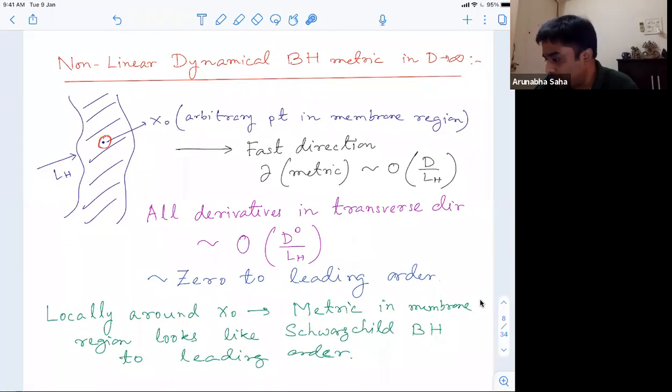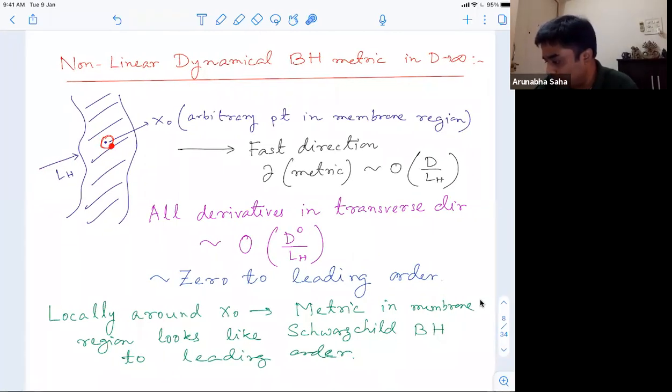Suppose you concentrate on a small region around a particular point in this membrane region, let me call this X naught. Since the space-time dies out very quickly to the asymptote as you move along this direction, the metric definitely has a very fast direction away from the horizon. And derivatives of the metric along this direction are order D, and this LH is to balance the dimension.